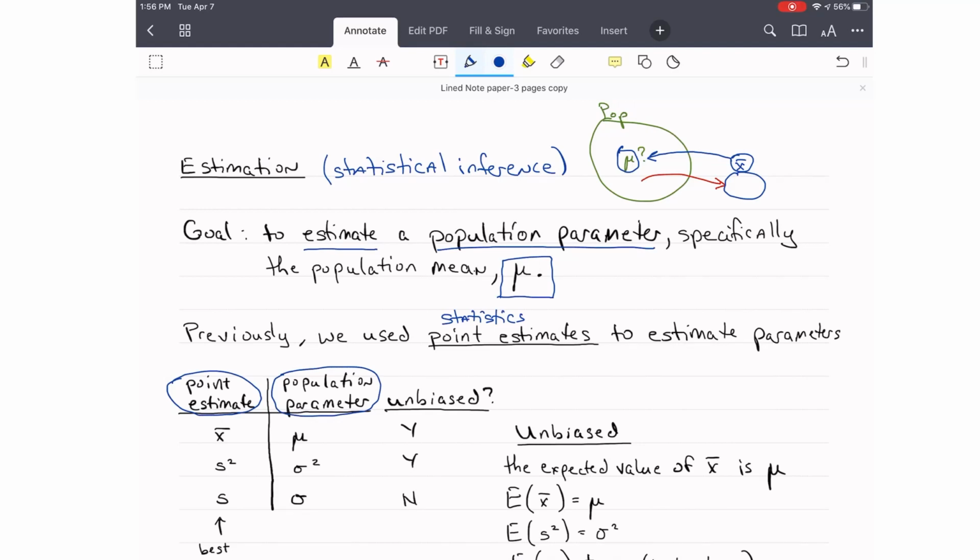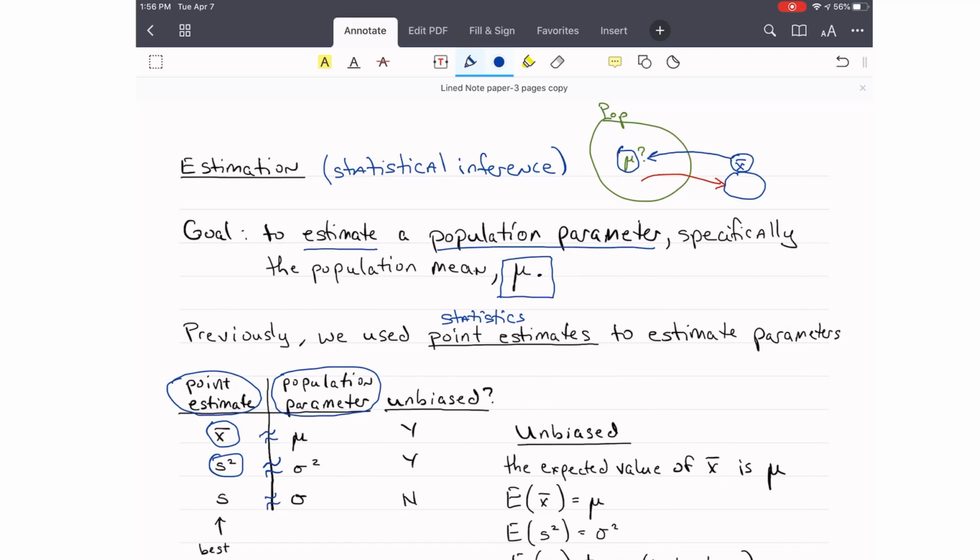So x bar, the sample mean, estimates mu, the population parameter. And s squared estimates or approximates sigma squared. And s approximates or estimates sigma.